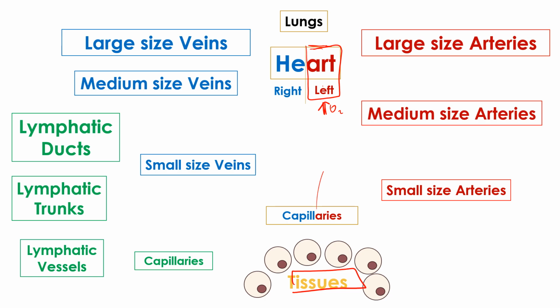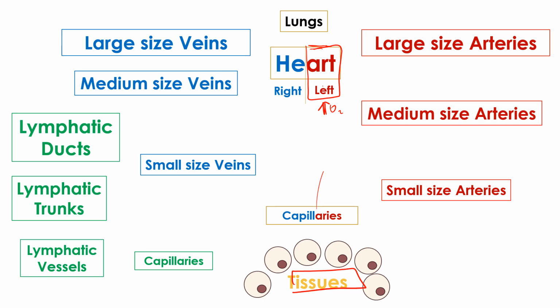So don't fool yourself. Don't think about it that way because you're going to get confused. The definition of an artery is not based on the color, but based on the blood flow. So the definition of an artery is a blood vessel that carries blood away from the heart. So the blood flow is moving from the heart towards the tissue, so it's moving away.